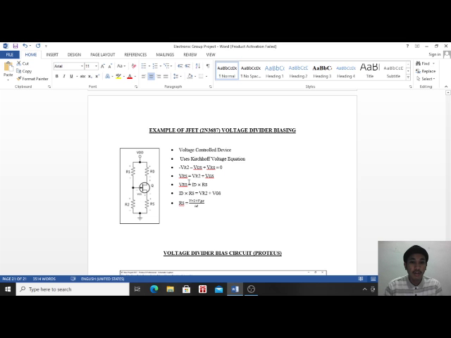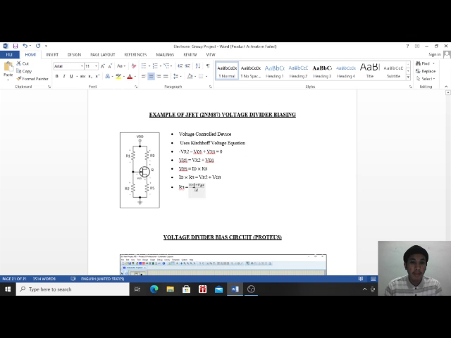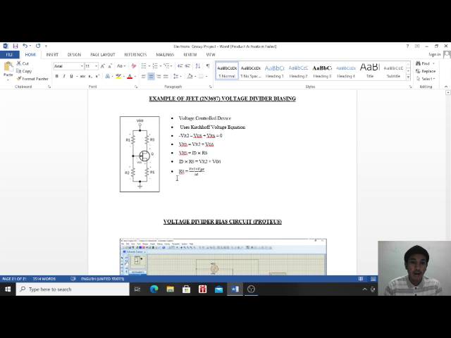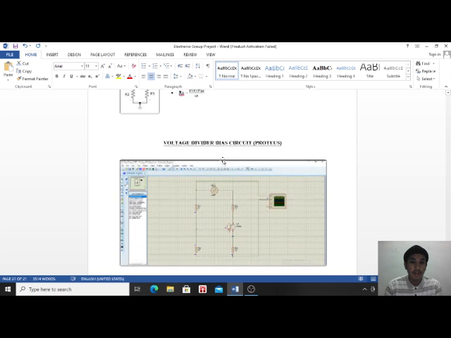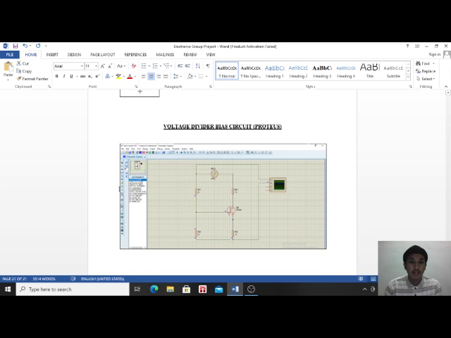VRS equals VR2 plus VGS. Next, VRS equals ID times RS, and ID times RS equals VR2 plus VGS, and last is RS equals VR2 plus VGS over ID. So this figure is for the voltage divider circuit using Proteus.